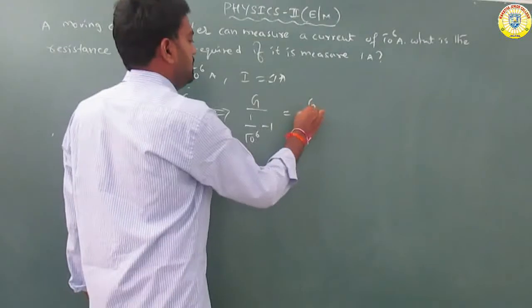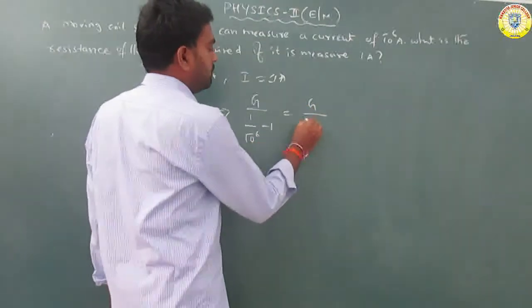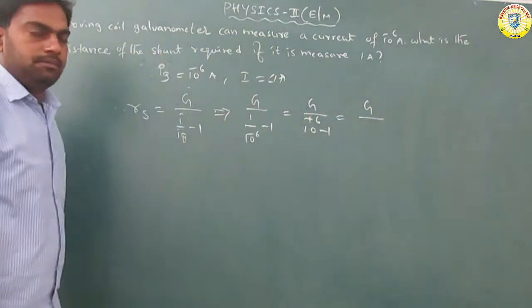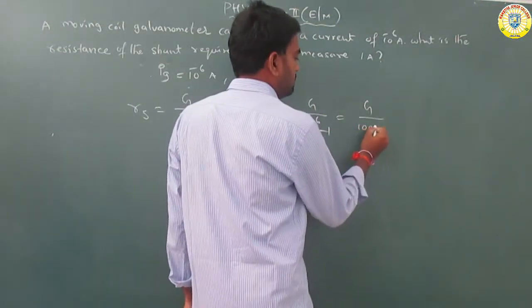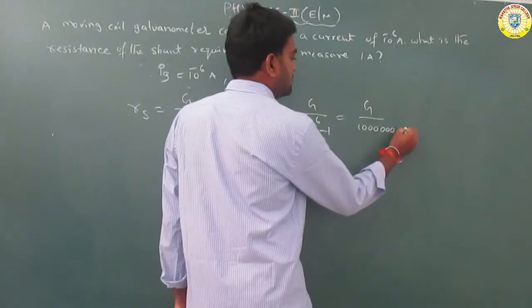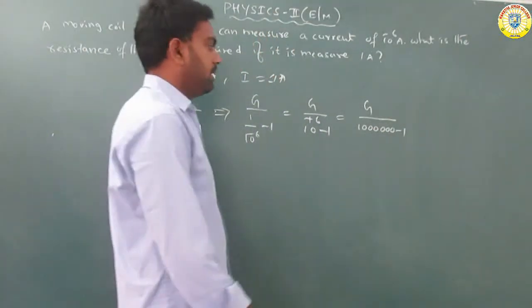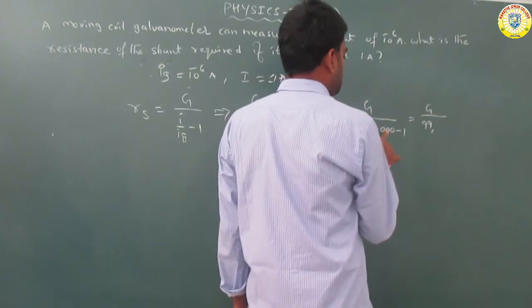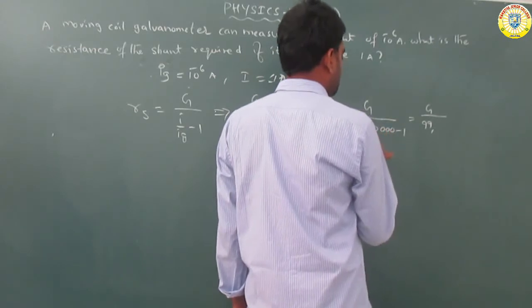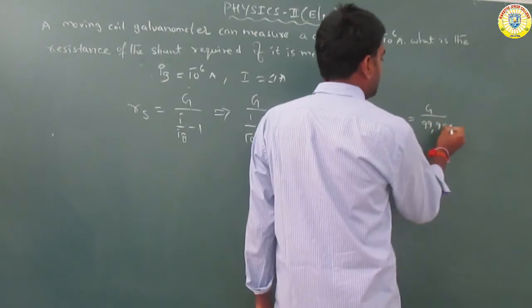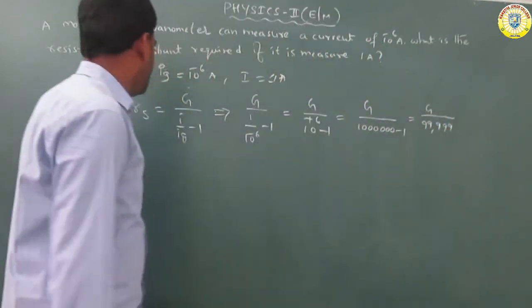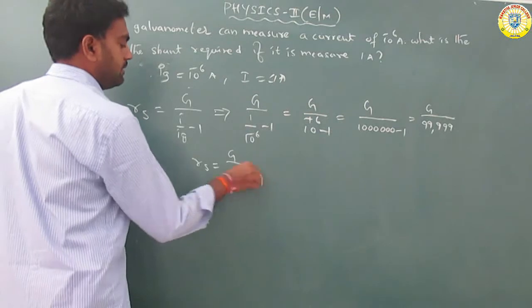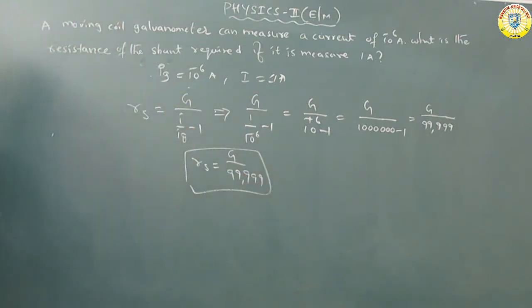So G by 10 to the power of plus 6 minus 1, that is a 6-digit number minus 1. So RS is equal to G by 99,999. Okay, got it.